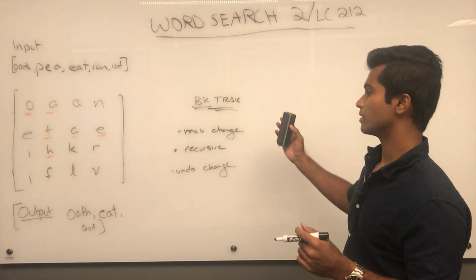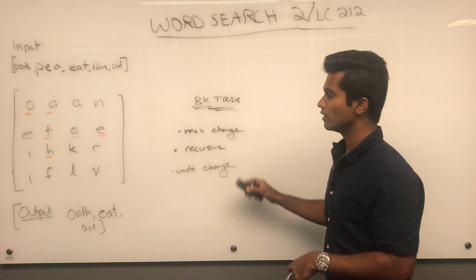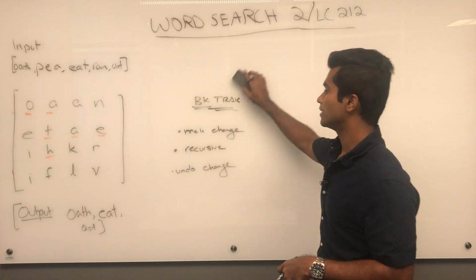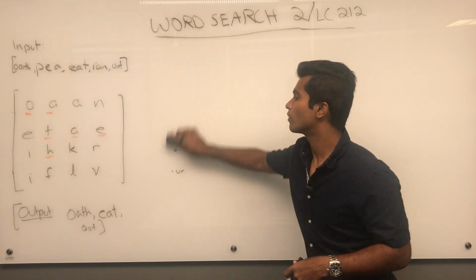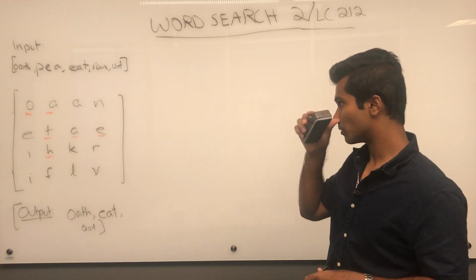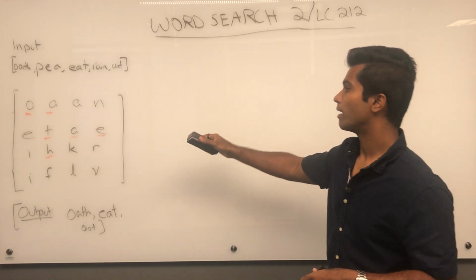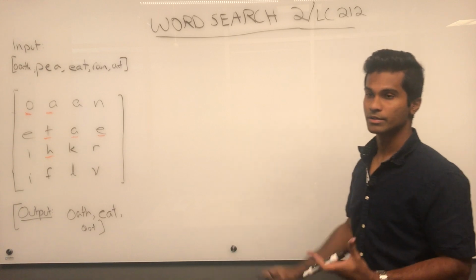Most backtracking is pretty much just this. Now let's see how that looks for our characters. I'm going to redraw the trie just very quickly.